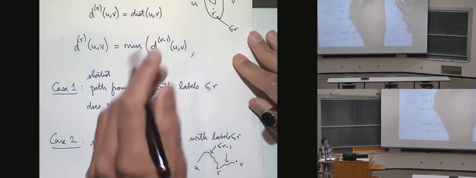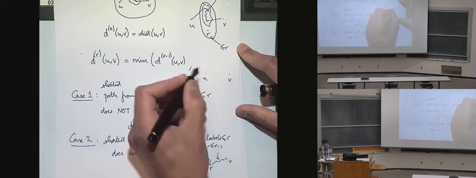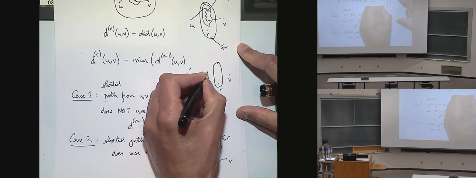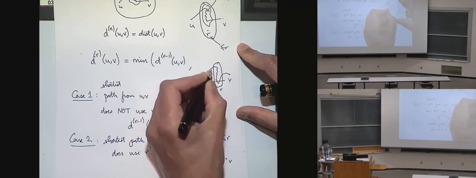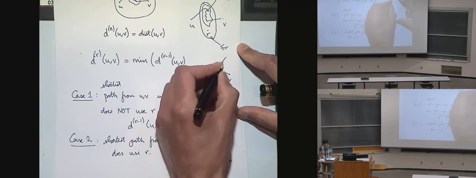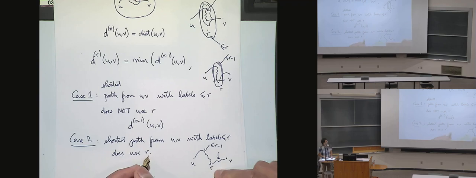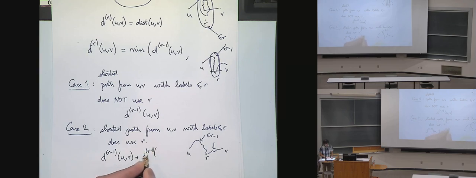It's like saying that if I want to go, using this picture again, this is r. So it's going to do something and go here, and do something and go here. But all of these other things, they're all less than r minus 1. So when the shortest path does use r, then this is just d r minus 1 u r plus d r minus 1 r v.